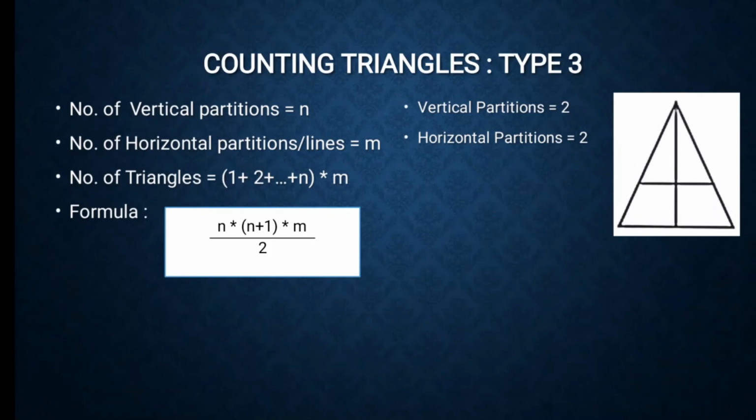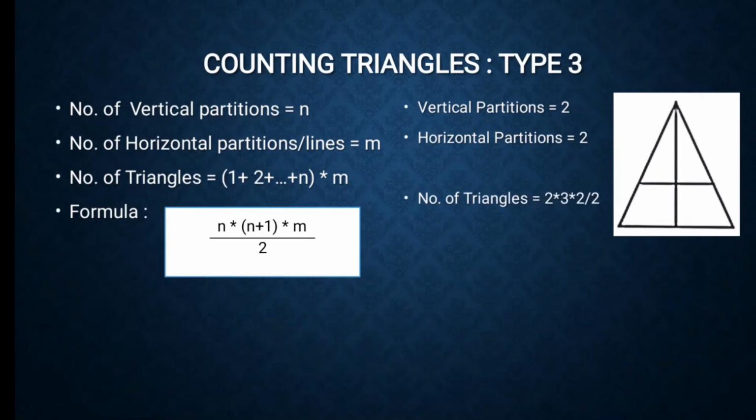Now in the second case the number of horizontal lines or horizontal partitions is 2, and again do the same thing. Let us forget about the vertical line. So I'll know that the number of triangles in this case is 2. So the total number of triangles is 3 into 2, that is type 1 into type 2.